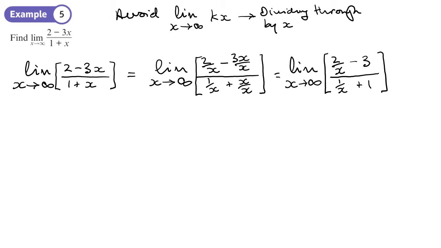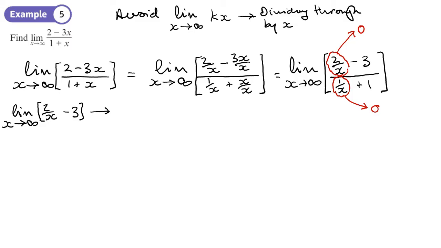Now what's going to happen is that as x tends to infinity, the 2 over x, anything over x, is going to tend to 0. And the same here, that is going to tend to 0. So just like before, we're using the algebra of limits. Strictly speaking, we should do this. The limit of the numerator, 2 over x minus 3, will equal minus 3.